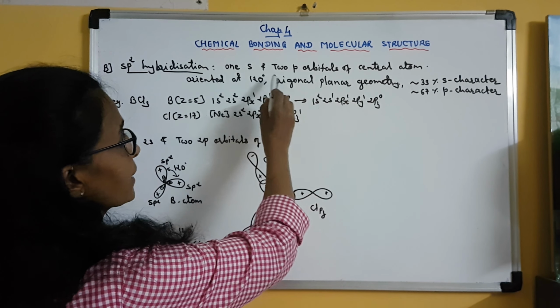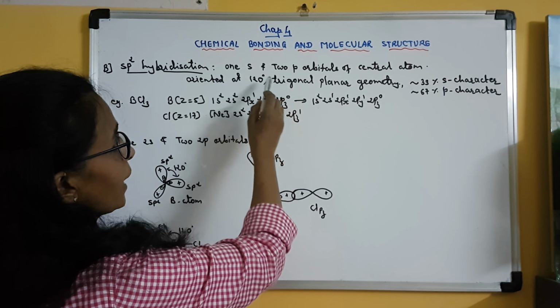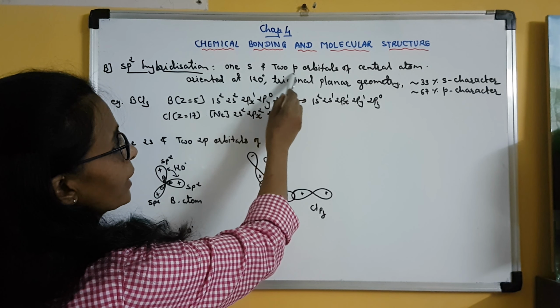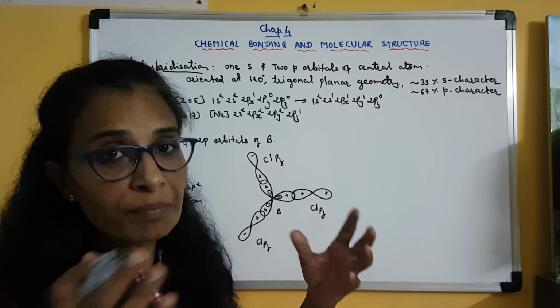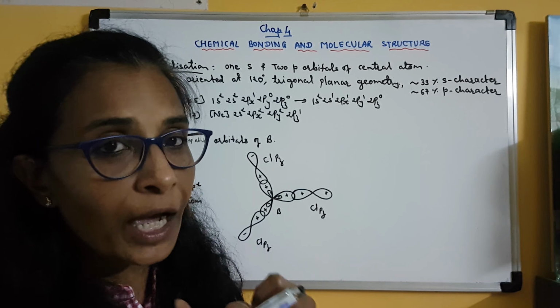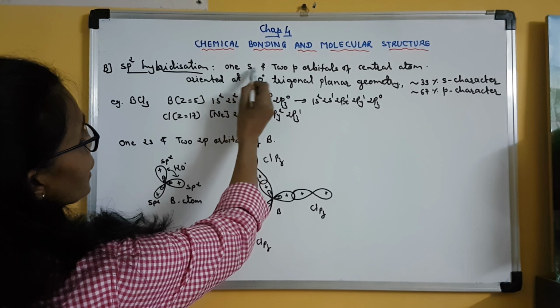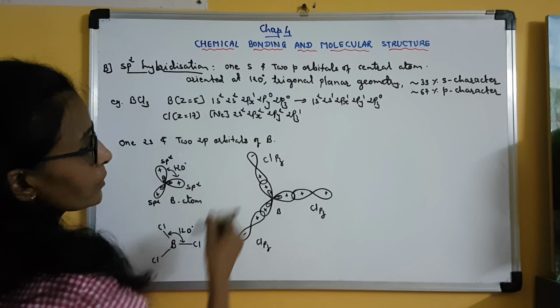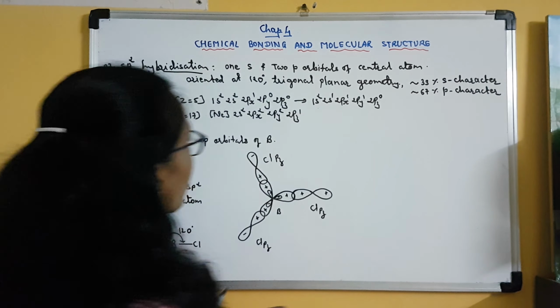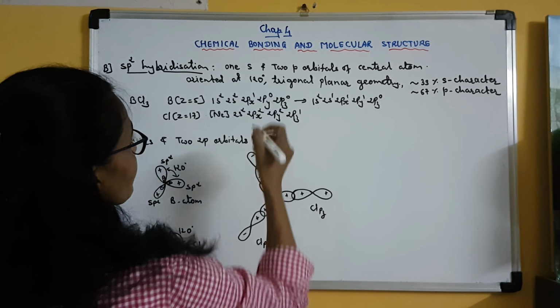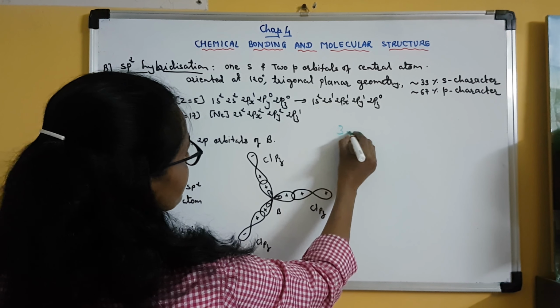So in the central atom, one s orbital and two p orbitals will be mixed up. They will be hybridized, so here you can see 1 and 2 means total 3 orbitals are involved. Total 3 orbitals are undergoing hybridization.